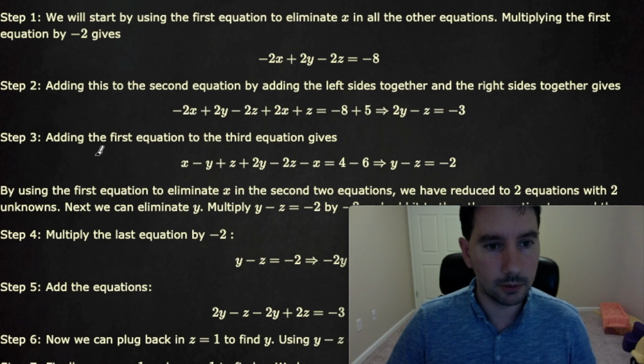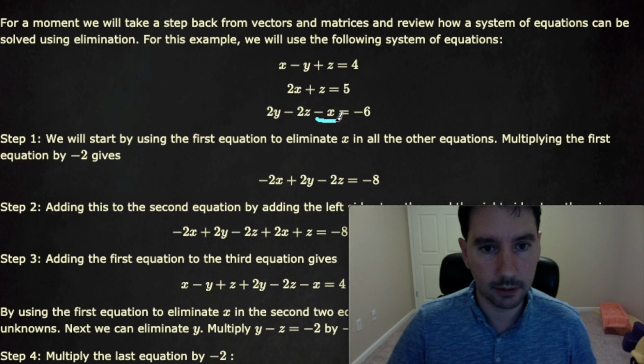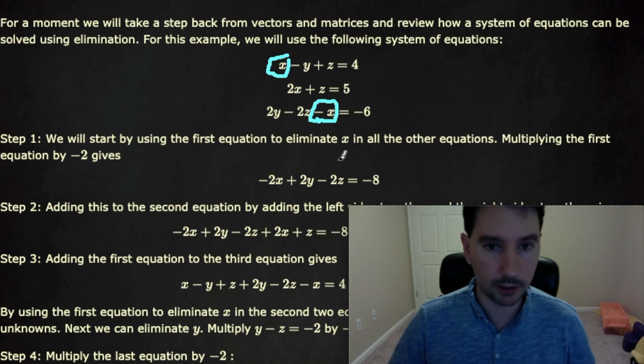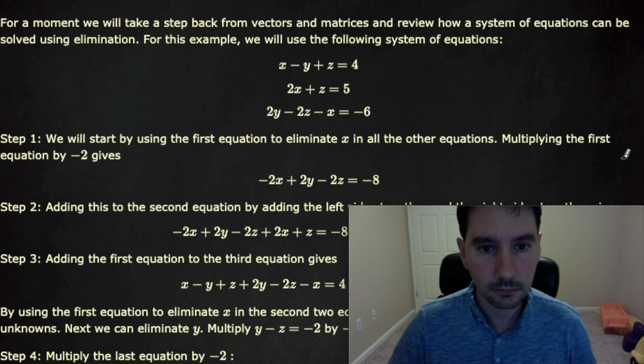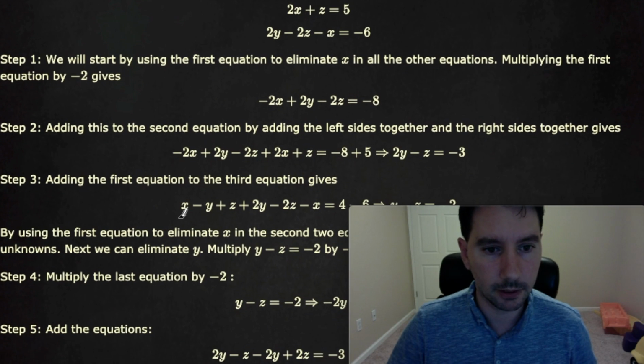Then we do the same thing. We're going to cancel the x in the third equation. In the third equation, we have a negative x, and in the first equation, just as is, without multiplying by minus 2, we have a positive x. So if we add these two equations together, we'll cancel the x from the third equation. We take x minus y plus z, and the third equation, 2y minus 2z minus x, and add all of that together.